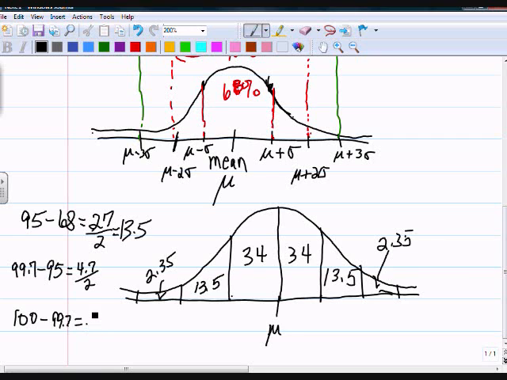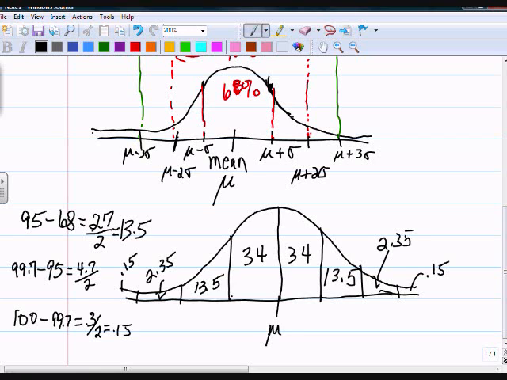I get 0.3. Divide that by 2, and that is 0.15. So these areas have 0.15% of the total area. Okay. So I'm going to move on here in a second.